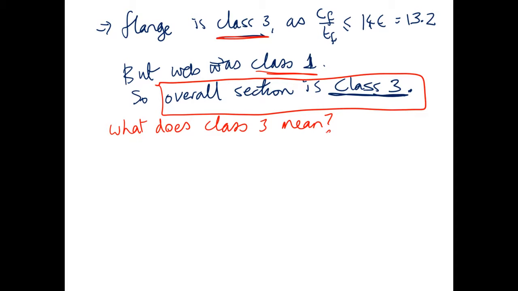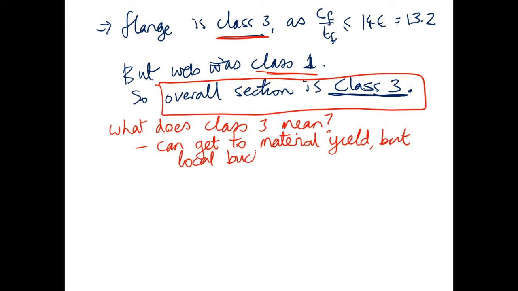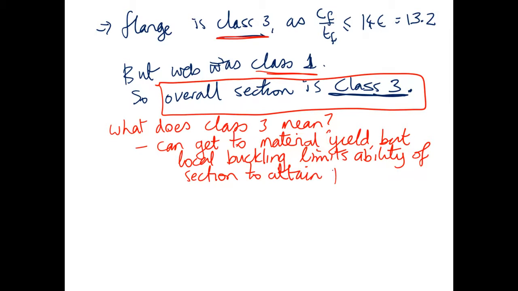It means that effectively you can get to material yield, but local buckling limits the ability of the section to attain plasticity.